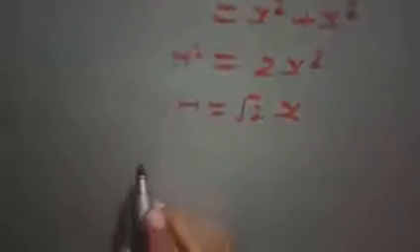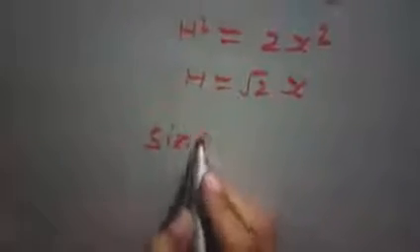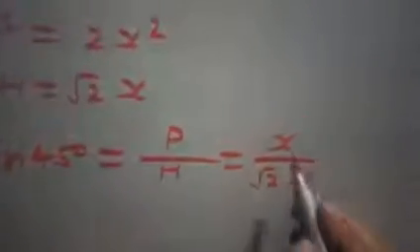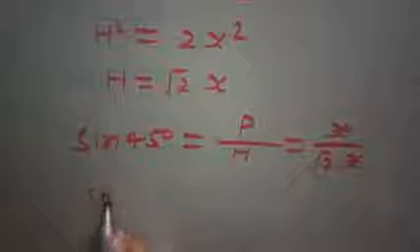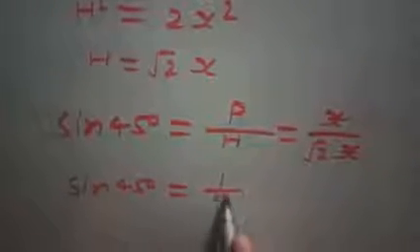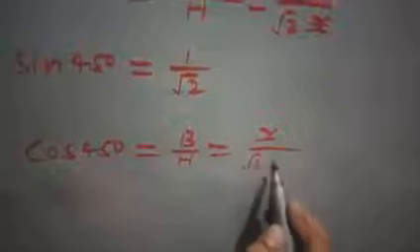Now if we find the value of sine 45 degree, so sine 45, that is perpendicular upon hypotenuse, so perpendicular is x, hypotenuse is root 2x. Now x cancelled out, so sine 45 equals to 1 by root 2. So this is the value of sine 45. Similarly, if we find cos 45, then base upon hypotenuse, base is x, hypotenuse is root 2x.